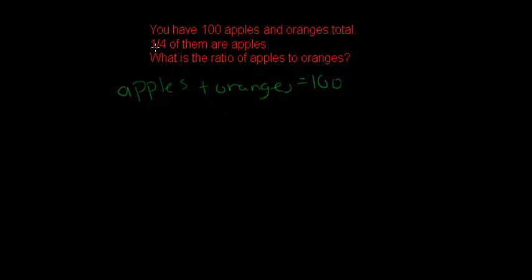But you know that 1/4 of the total is apples. So to find the number of apples, we just take 1/4 times 100, and the answer to that is 25. So you have 25 apples.